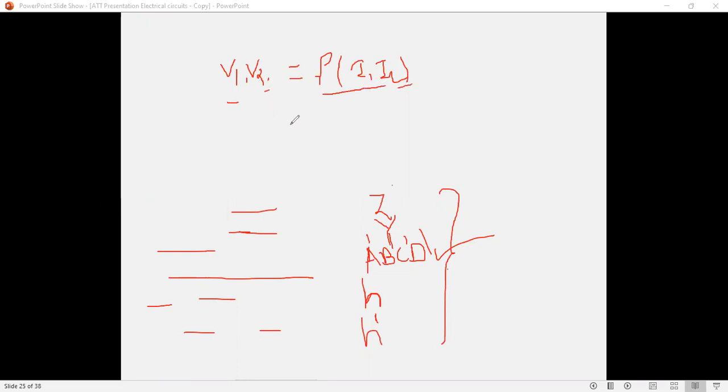That means the voltages of the network, the input voltage and output voltage, can be expressed in terms of the input current and output current. So this is the relation for this parameter.